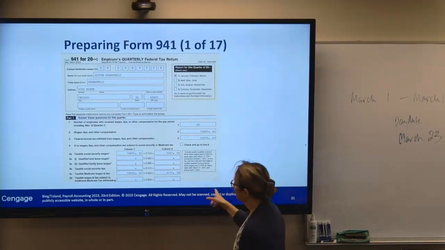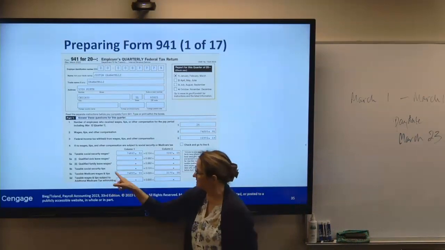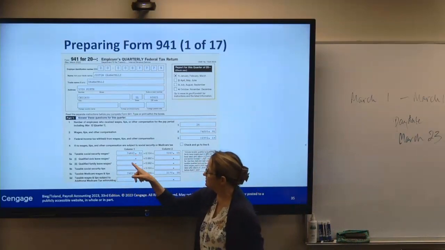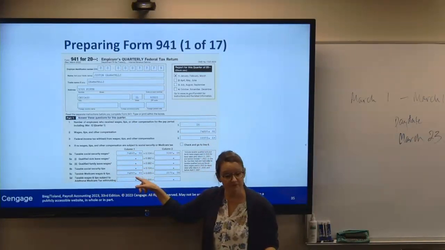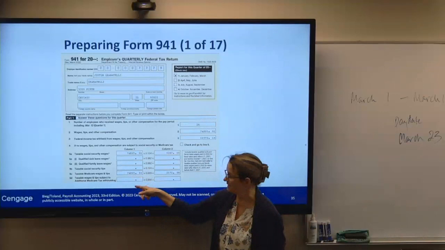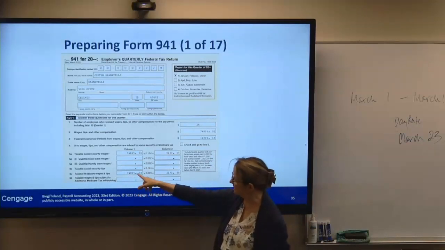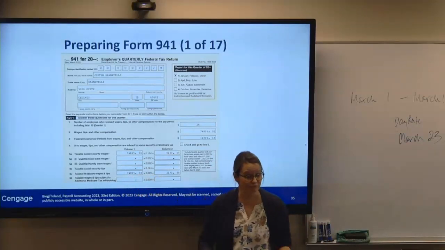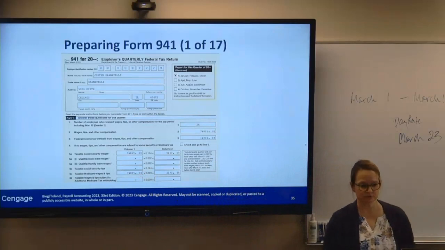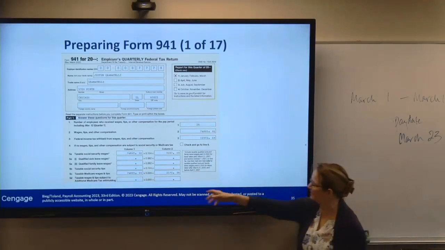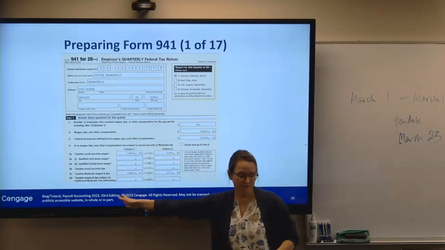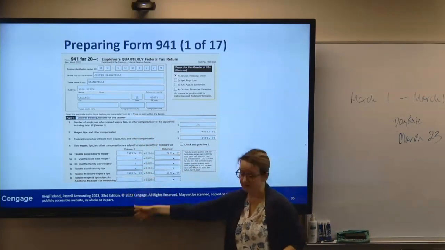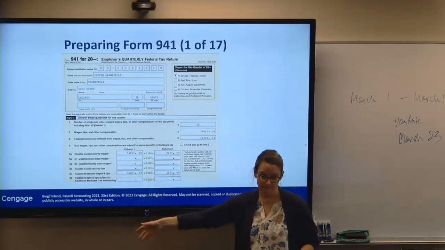There must be a reason for it, but be careful with that, because if you've got wages and tips, on this line you're combining the two. But this is just for Medicare tax purposes. So you can see, we're going to multiply it by that full Medicare tax percentage of 2.9%. And so the tax is in column 2. The wages that are subject to that tax are in column 1.